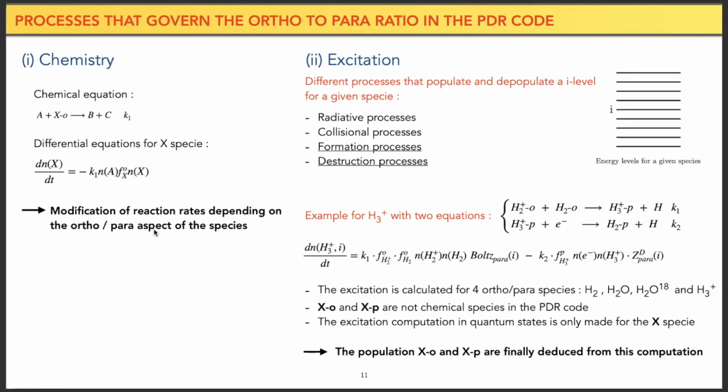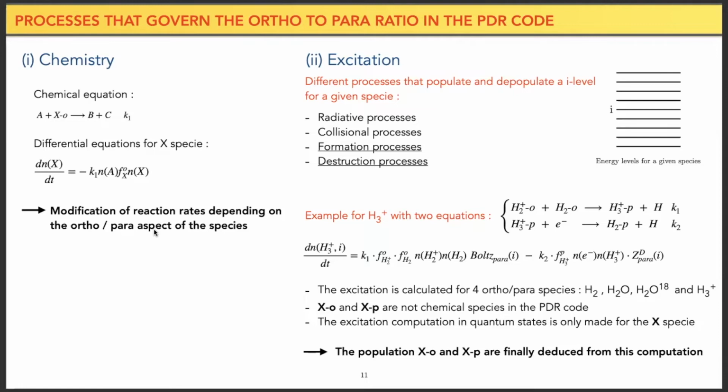This is a small example for H3+ with the excitation. The first equation creates H3+ para, and the second equation destroys H3+ para. When you look at the differential equation for H3+ in the level, we modify the reaction rates with the population fraction of the two isomers here.